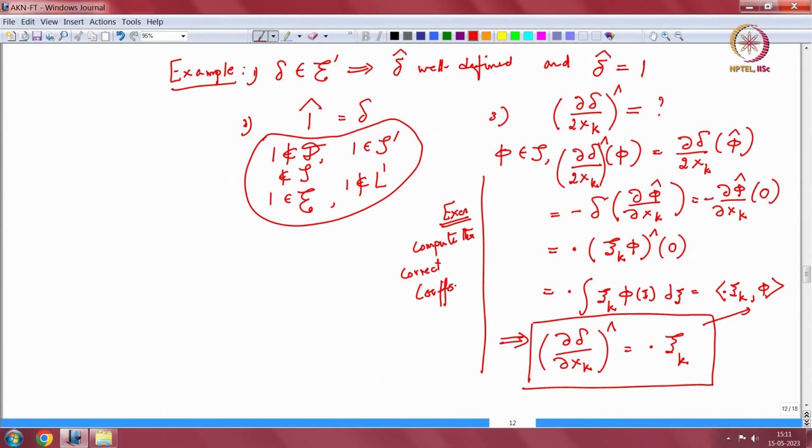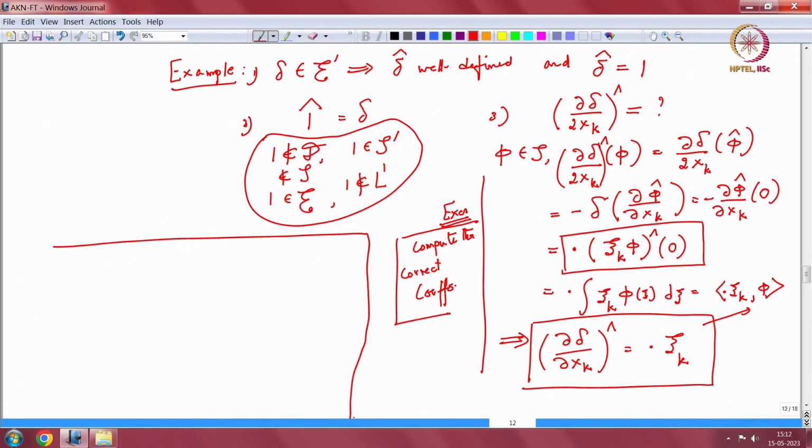The coefficient, as I said, whatever definition you are using, you write down exactly what it is. In one computation it will come as i, for another there will be a 2 pi power there.